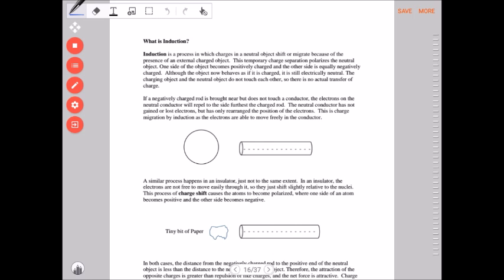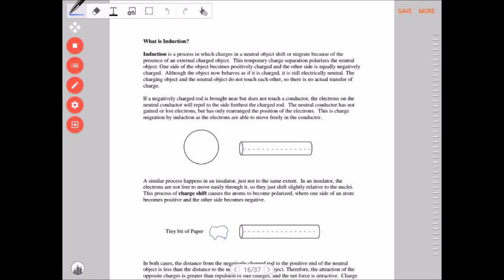Okay. So before we start the next method of charging, let's talk about this word induction. Well, I have used that already, but let's just define it and go from there. So induction is a process in which charges in a neutral object shift or migrate because of the presence of an external charged object. This temporary charge separation polarizes the neutral object.